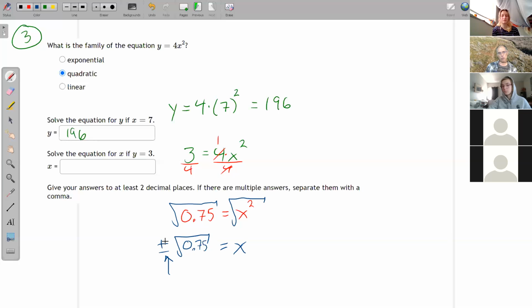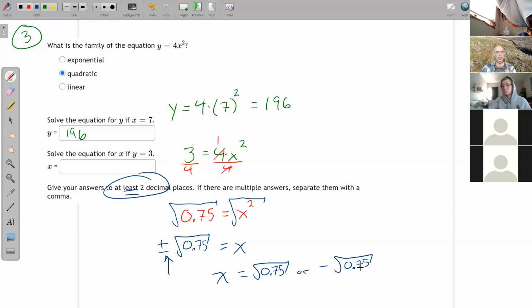When you take the square root of a square, you've got to have a plus or a minus. So here, x is equal to the positive square root of 3/4, 0.75, or the negative square root of 0.75. So we just need to know to what 2 decimal places, and it says at least, so I could put more. What is the square root of 0.75? And again, I definitely need a calculator for that because I don't know it off the top of my head. Square roots are very difficult to do without a calculator.